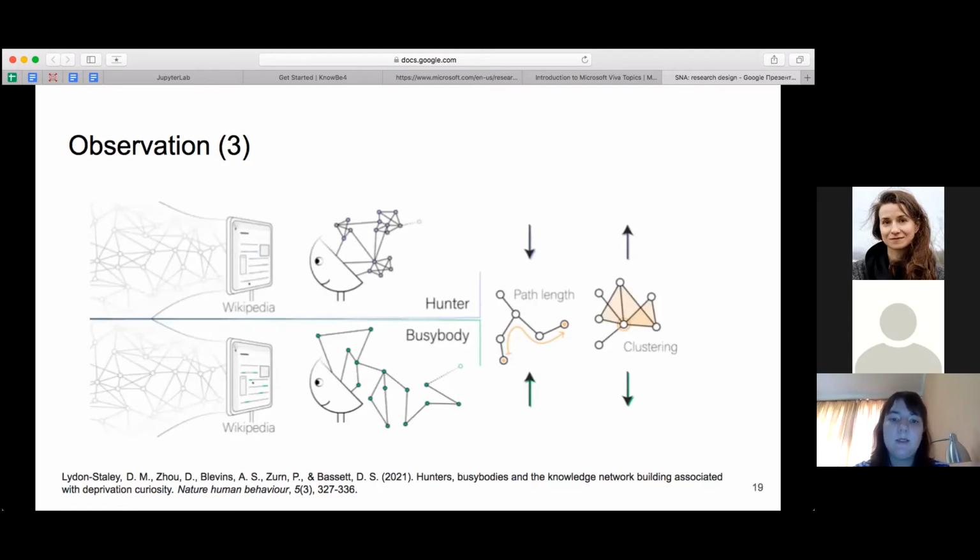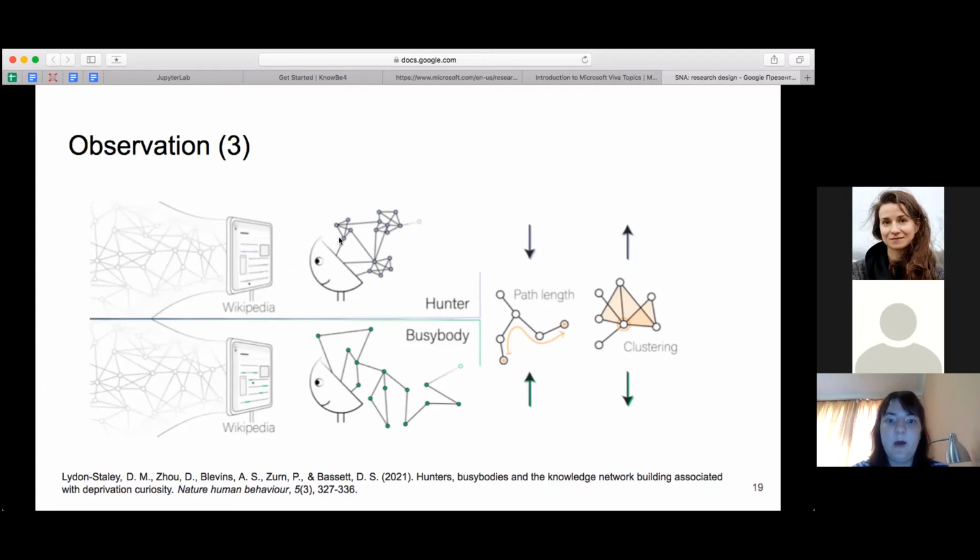So hunters on the top, these guys, they're more likely to study one particular concept and then browse into pages in Wikipedia that are related to this particular concept.